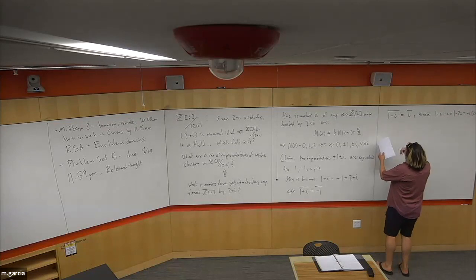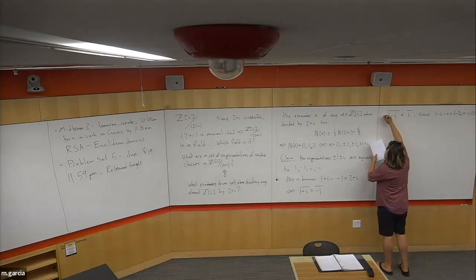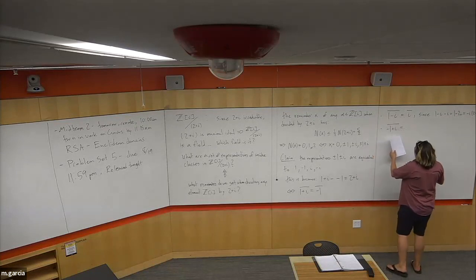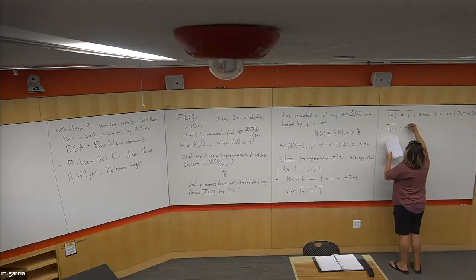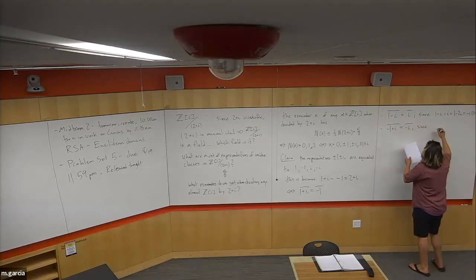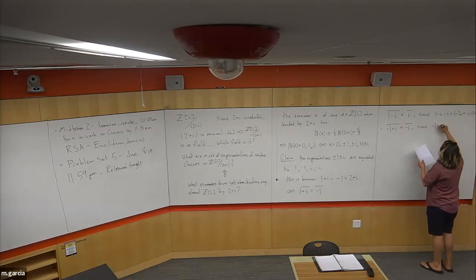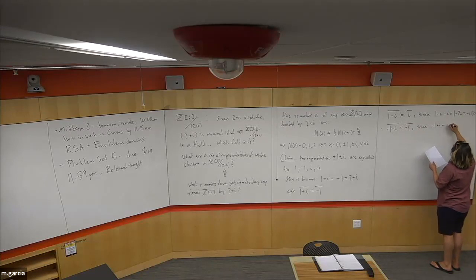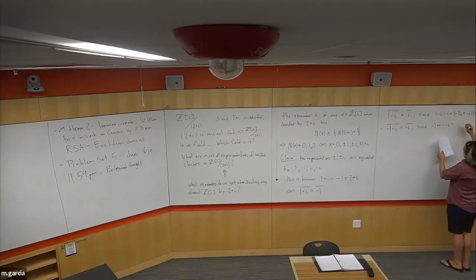Let's just do the other two for completeness' sake. So the residue class of -1 plus i is equal to the residue class of -i, since -1 plus i minus -i is equal to -1 plus 2i, which is just equal to i times 2 plus i.